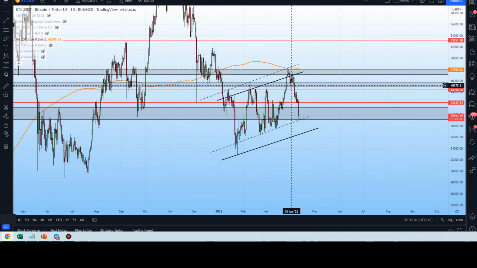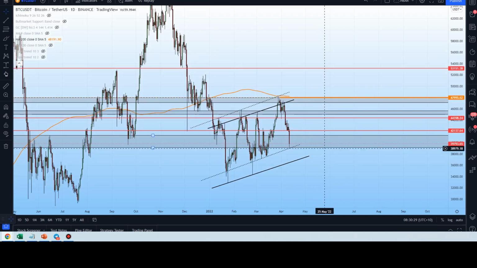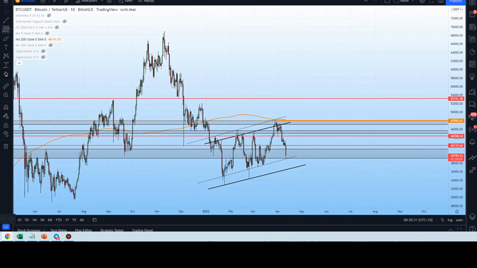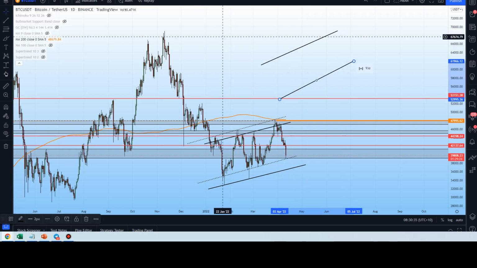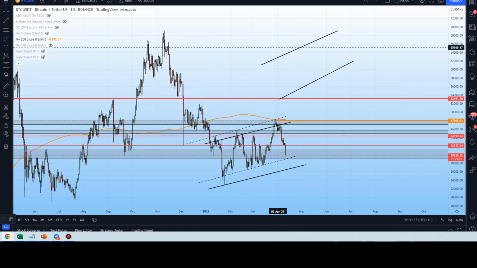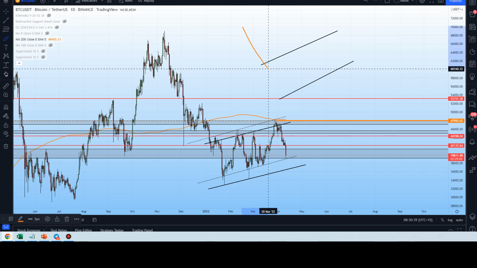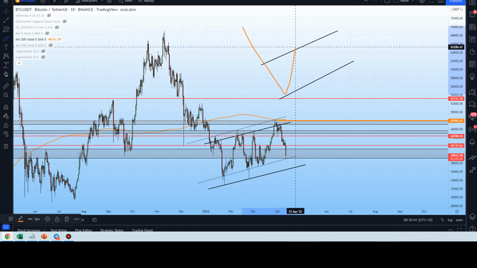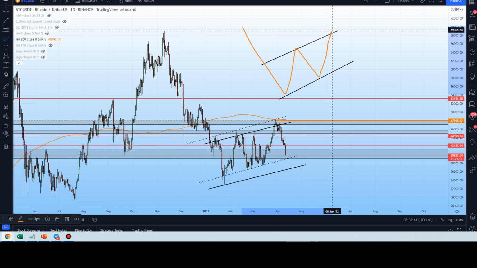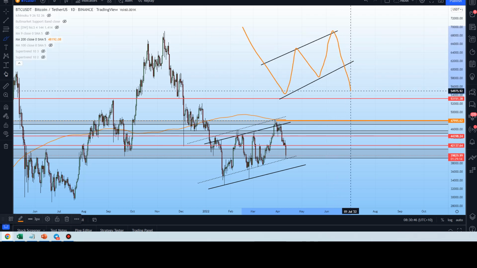So as we can see, Bitcoin has come down to the bottom of this channel, and we talked about in that previous video that descending channels or ascending channels are very, very similar in the sense that they were just invertible. So what we can see here is the price coming in from the top side, bouncing, getting that final bounce, blow off top, and then obviously coming back down.